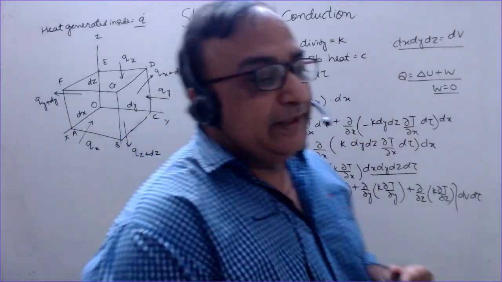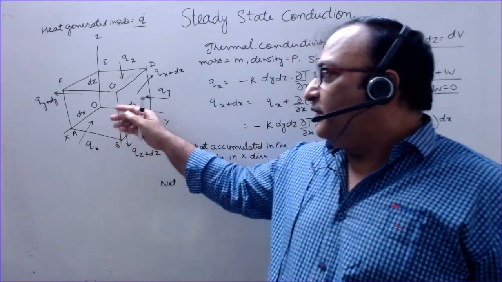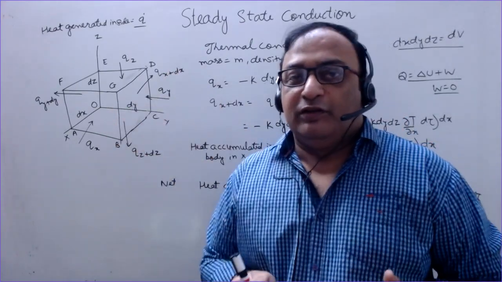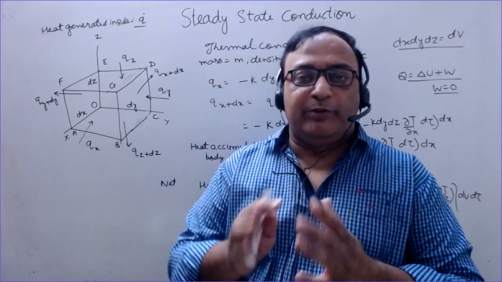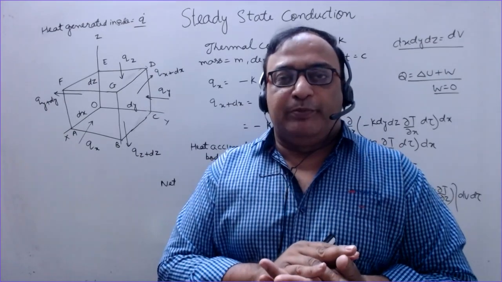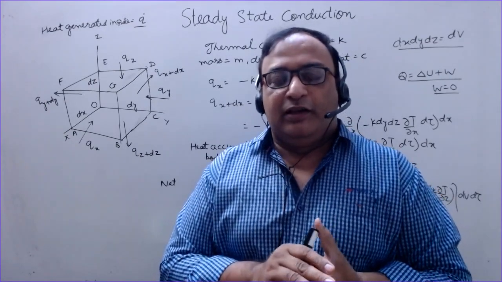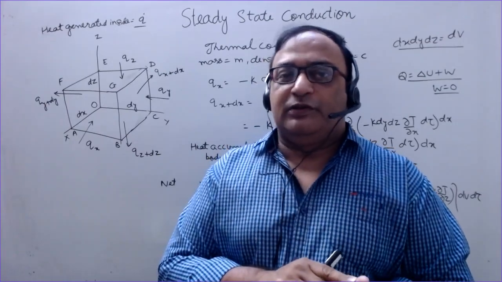So what is this heat doing? Heat is flowing through this, so that there is a difference of heat entering and heat flowing outside. So heat is retained inside the body as a result, and heat is also being produced inside the body. So as a result of this, the temperature of the body increases, which causes an increase in internal energy of the body. We have discussed what is internal energy.